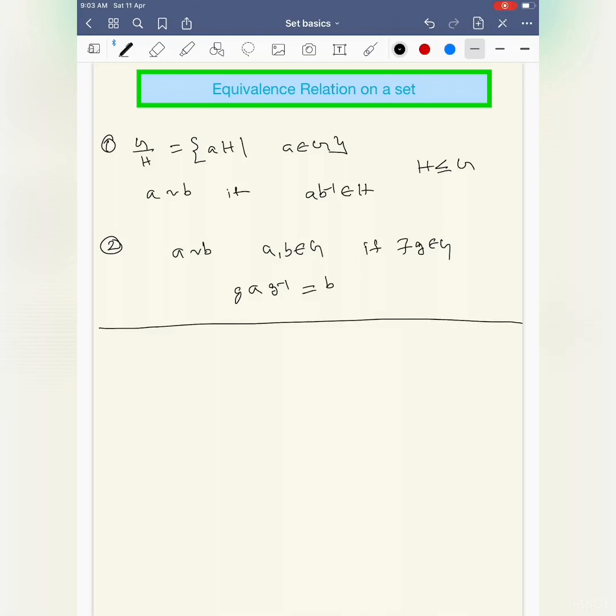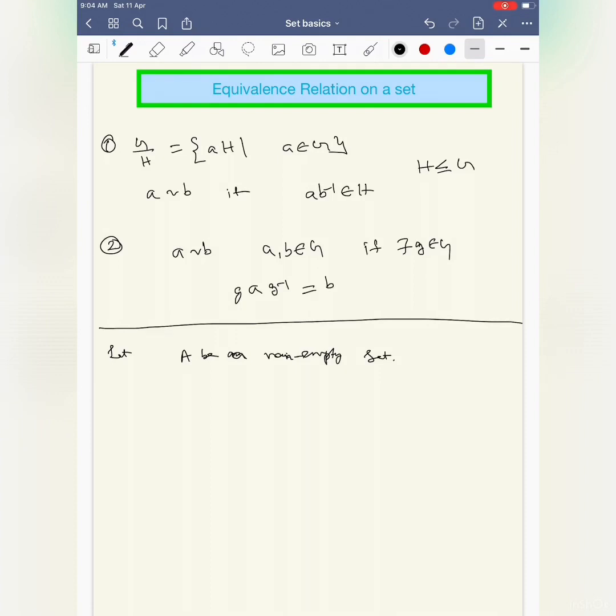So here we will see equivalence relation and how to deal with it. I mean, there is a relation between functions and equivalence relations. That's what we want to say. Okay, so the idea is this: let A be a non-empty set, then there is a relation.